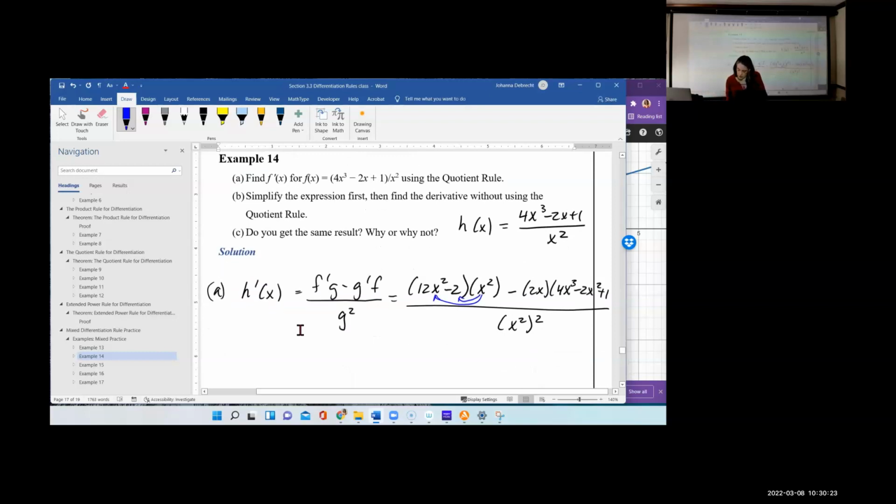So that gives me 12x to the 4th minus 2x squared. And then I have a minus, and then I have parentheses around the whole thing. And then 2x times 4x cubed would give me 8x to the 4th. And then the next one would give me minus 4x cubed.